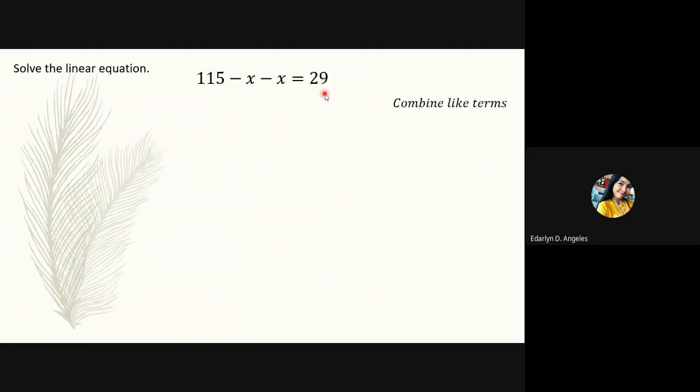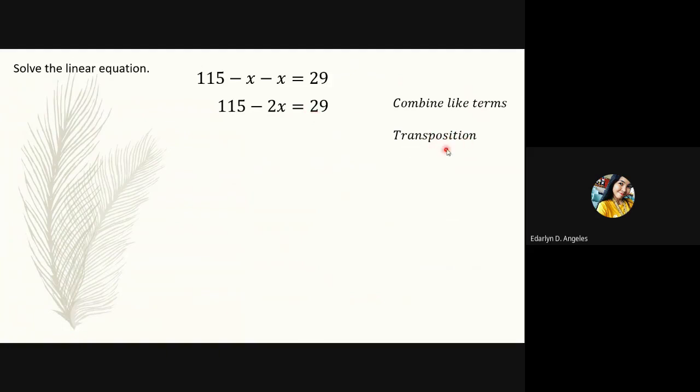The first thing that we need to do, since we already know how to evaluate linear equations, is to combine the like terms. Combine the constants and the variable. So here we have 115, combining the like terms, negative x minus x, that's negative 2x. So 115 minus 2x equals 29.